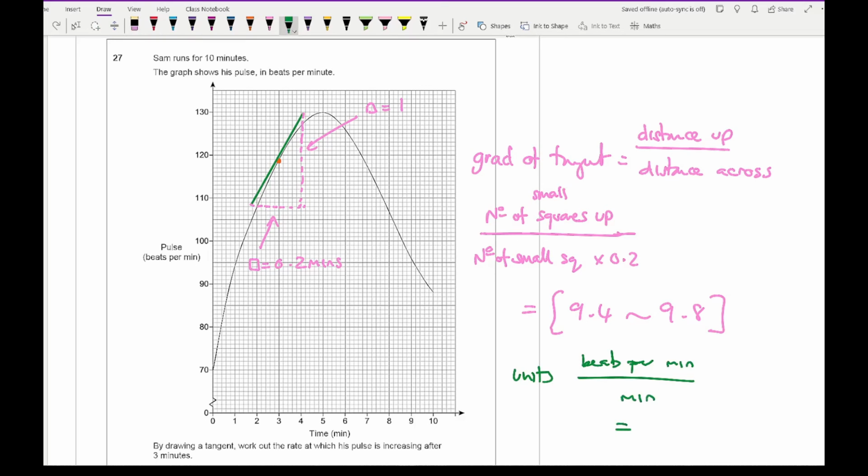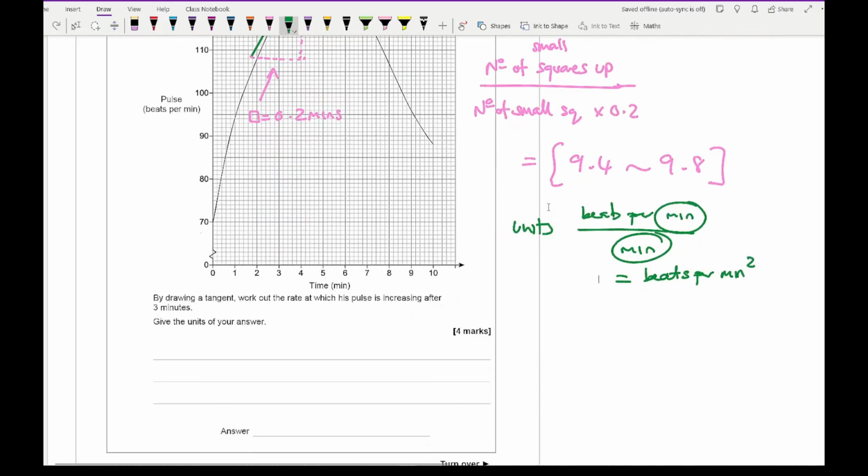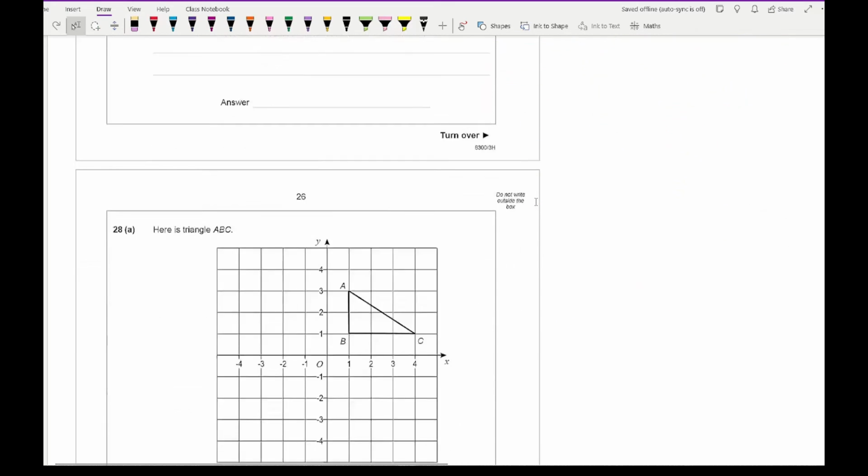So that means the units are going to be beats per minute squared, because we've got minutes divided by minutes. So in terms of units, you could say something along the lines of beats over minutes squared. But you need to make sure that you are either writing it per, or you're writing like this. And again, you're expecting an answer between, and inclusive of, 9.4 to 9.8.